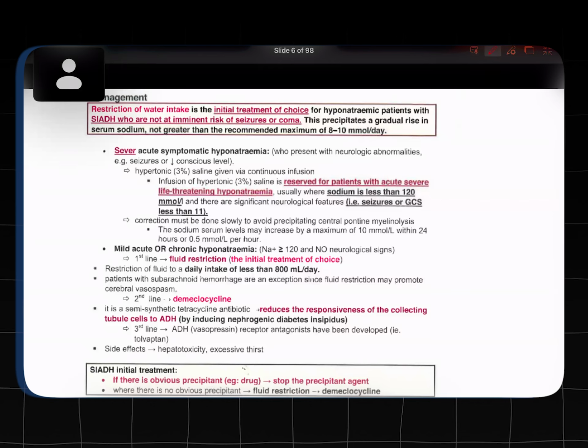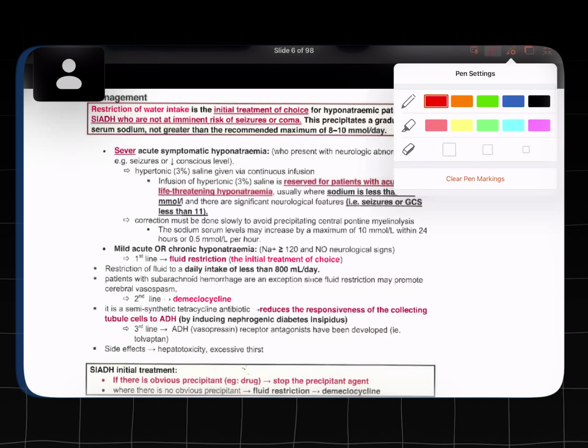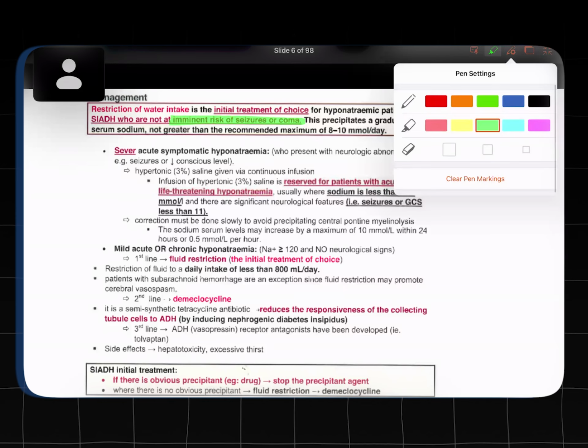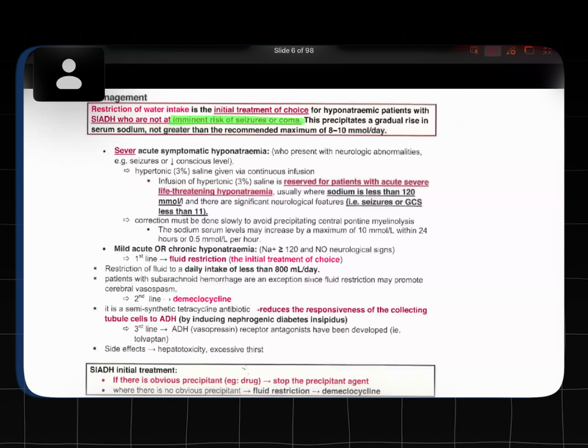Firstly. Secondly, you have to find out whether the patient is at risk of developing seizures or coma. If so, or if the patient is already having seizures, then you have to immediately correct the sodium with 3% NaCl.